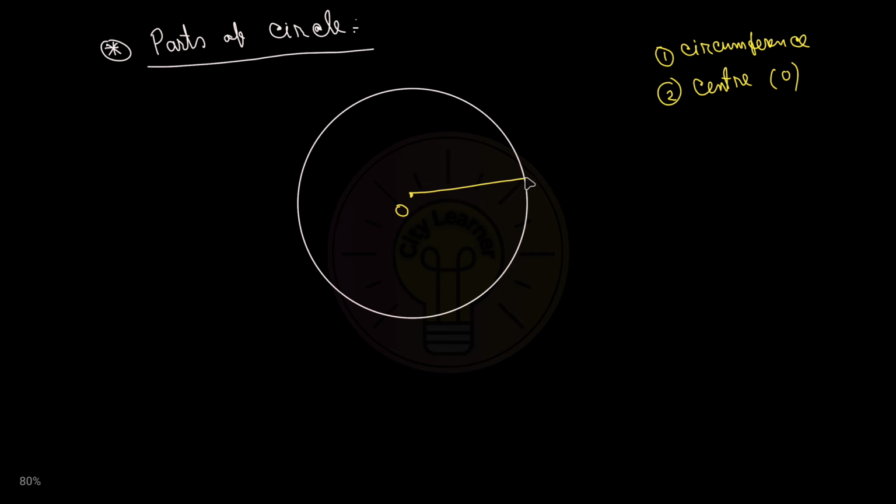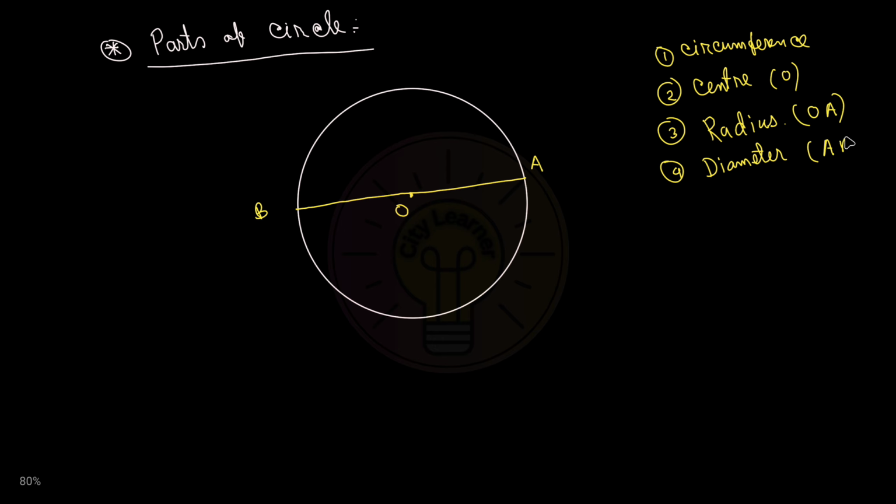Now if we draw a line from the center to the circumference, OA, this will become the radius. And if we extend the OA line in the opposite direction, it will form the line AB. This AB line is called the diameter. This diameter is twice the radius, or the radius is half of the diameter.